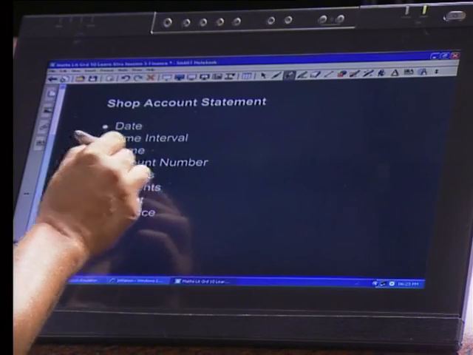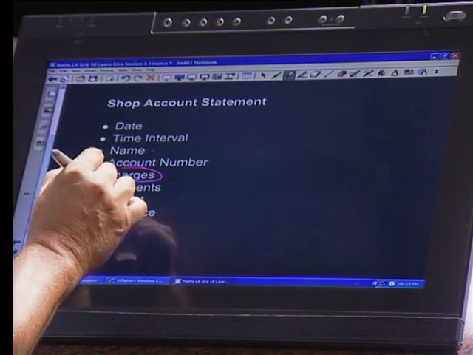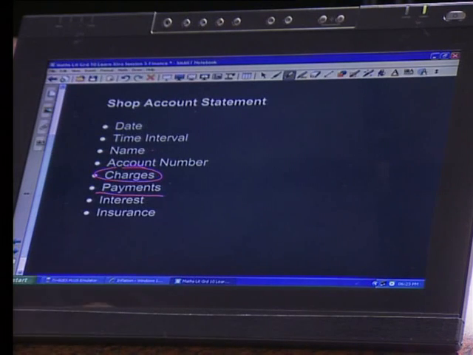It's going to have my account number, just in case there's another Mr. Peter Templeton in this world, and he gets my account and I get his. Right? And if my wife's been shopping for shoes, hopefully he will get my account. Then, it's going to have all the charges. In other words, everything I have spent in that month. It's also going to show me the payments, how much money I've paid towards settling that account.